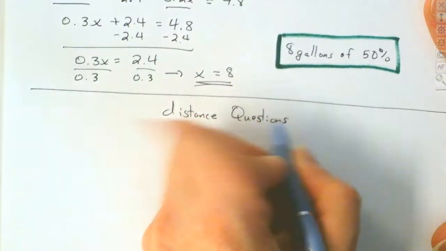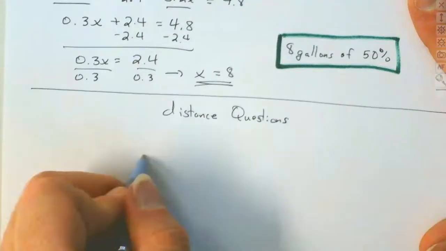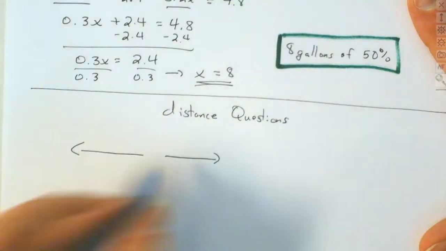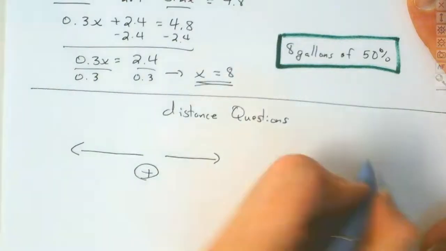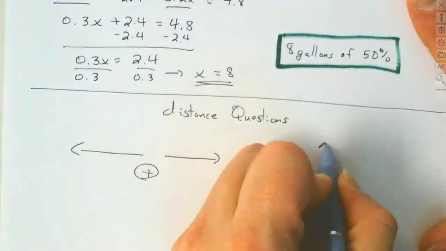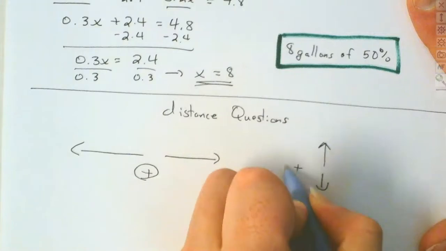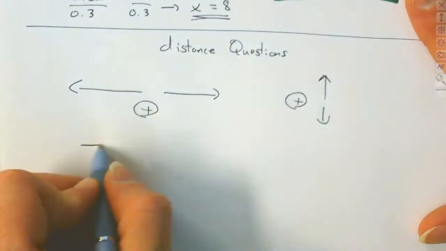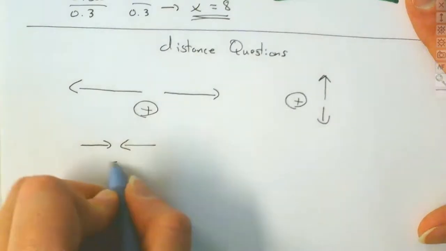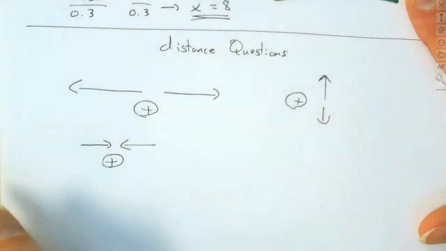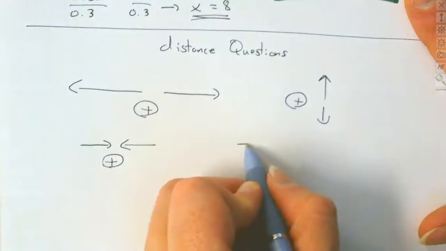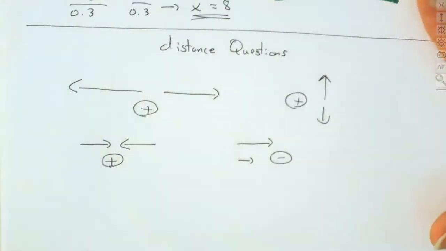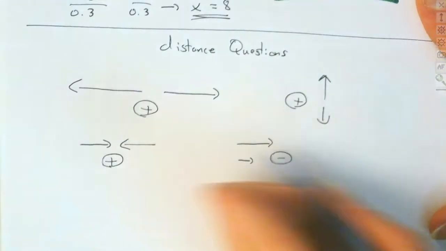But for the distance questions, we've got to watch the direction. So, if they're going opposite directions, these add. If they're going north and south, they add. If they're heading towards each other like this, they add together. They subtract when they overlap. So this would be a subtraction question. The same thing with this one.